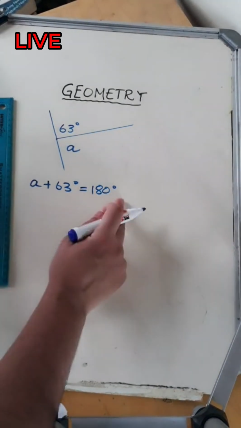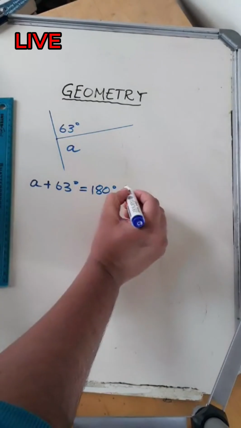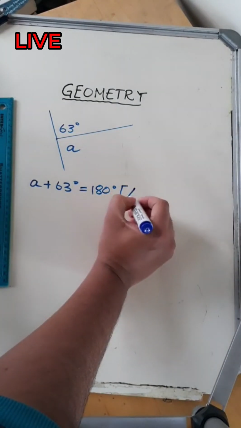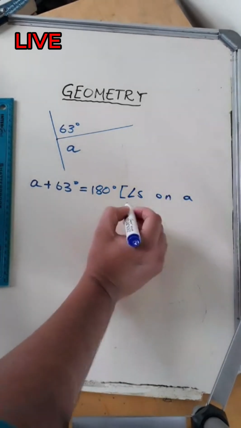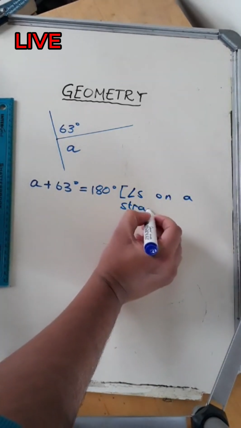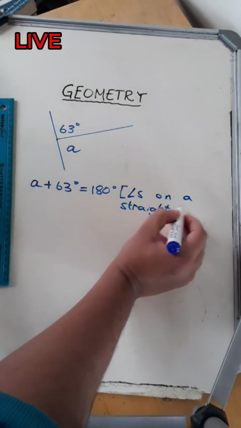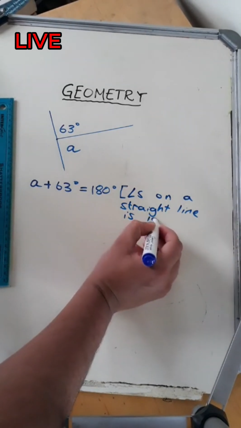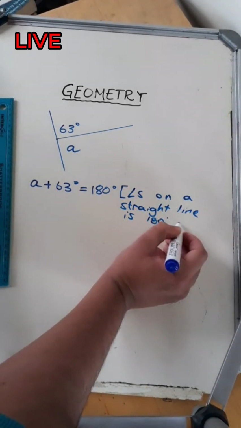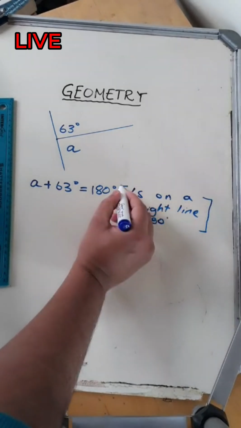The reason for that is angles on a straight line is 180 degrees, and that's going to be your reason.